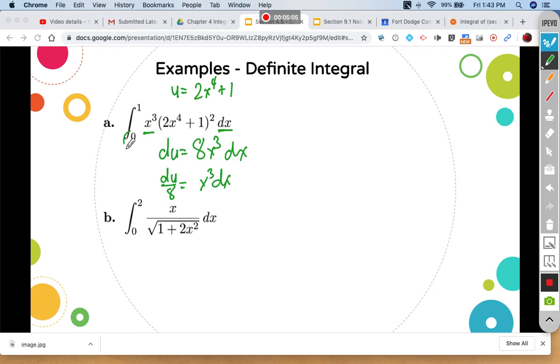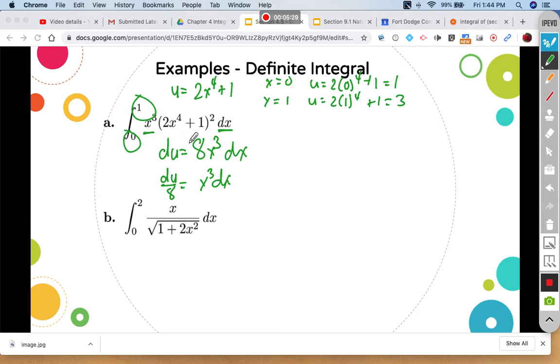Now, I'm going to take my limits of integration here. If x equals 0, u is 2 times 0 to the 4th plus 1, which is 1. And x equals 1, u is 2 times 1 to the 4th plus 1. That's going to be 3.